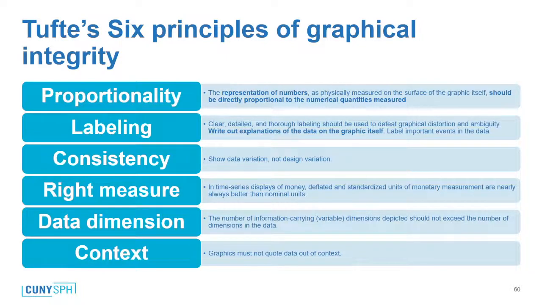The other thing is the data dimensions. You don't want to have more variables than observations, because that's going to look weird. Usually the number of information-carrying or variable dimensions should be no more than the actual things that we are measuring, because if not, you are going to have a mess.